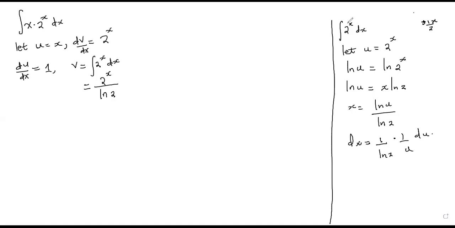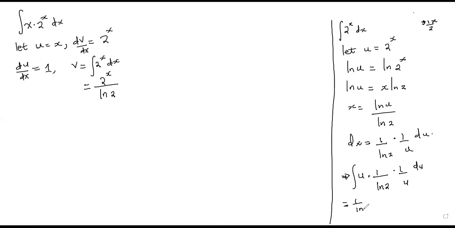Now we can substitute into this integral so that we have the integral of 2x, we called it u from here, then times dx, which dx we said is 1 over ln 2 times 1 over u, of course, du. Okay, we can put out 1 over ln 2.